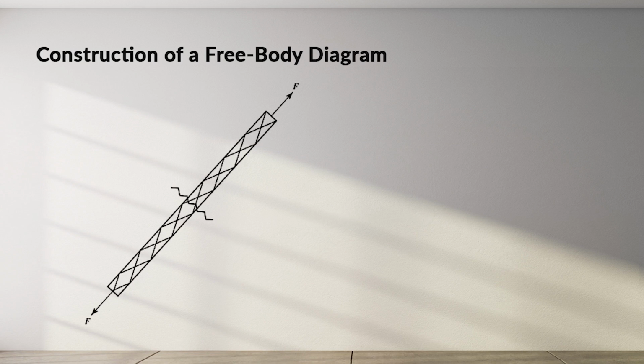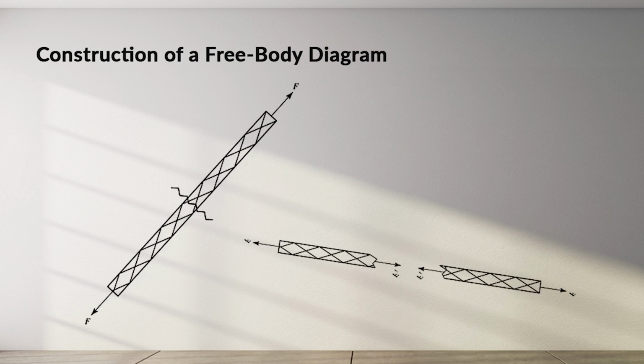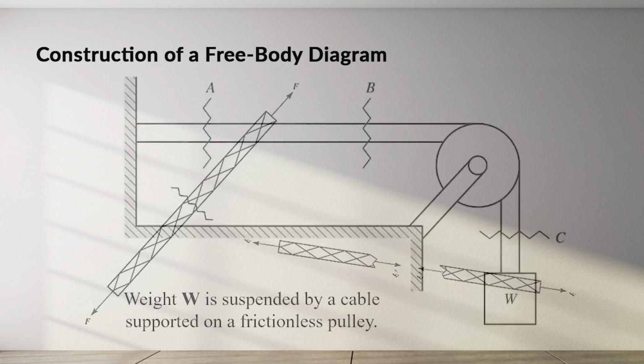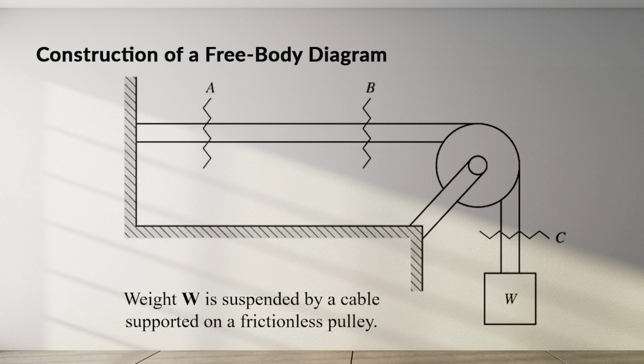Flexible members, such as cables, ropes, cords, and other strings, can support forces that tend to stretch the member, creating a condition known as tension. Cutting the member at any point reveals the constant internal tensile forces Fi. The use of free body diagrams can help us analyze the forces at any point in a system.